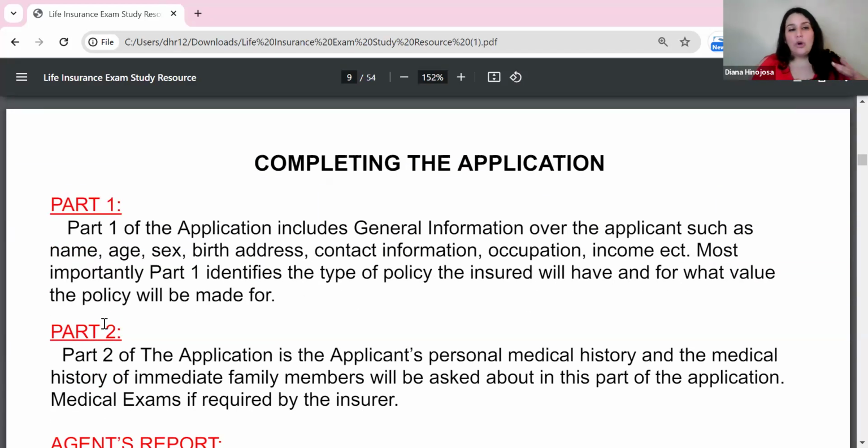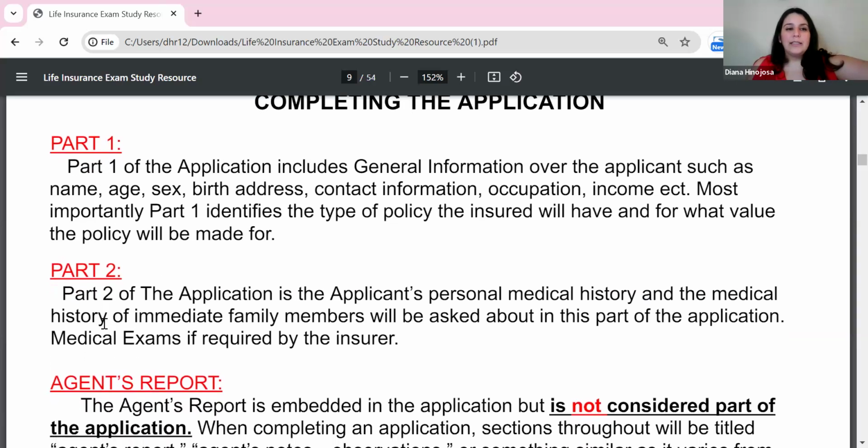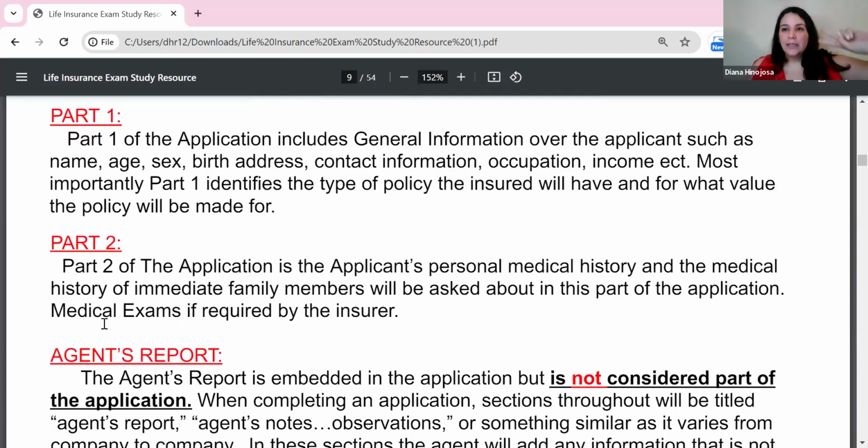Okay, so let's talk about completing the application. The application in the majority of states has two parts, so part one and part two. However, some states say it has three parts, but regardless of what your state says or how they break it down, this is the breakdown. Part one is all of your superficial information.